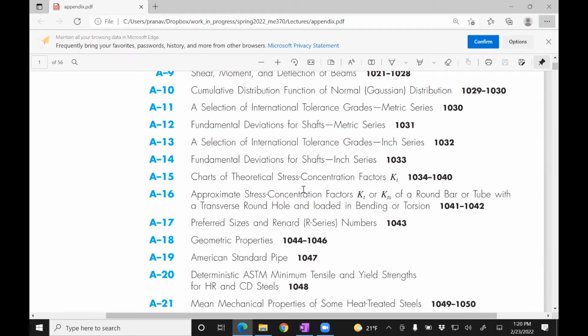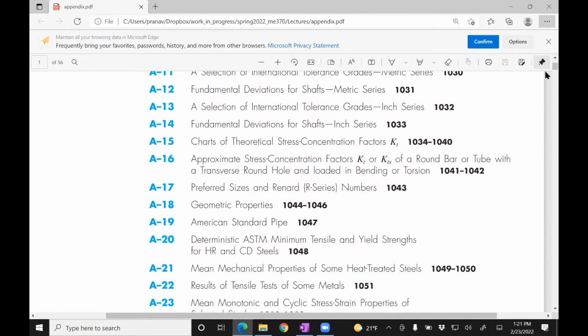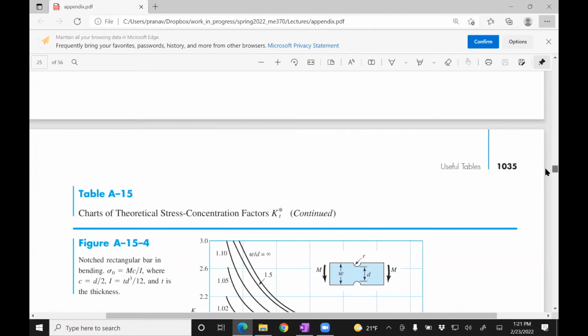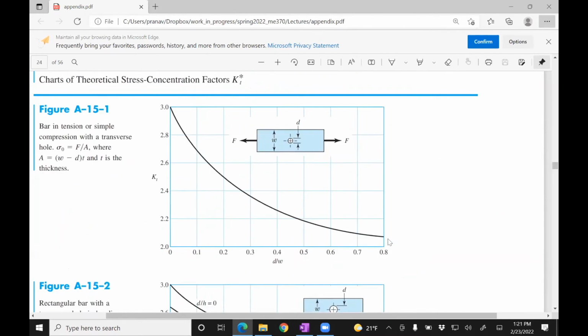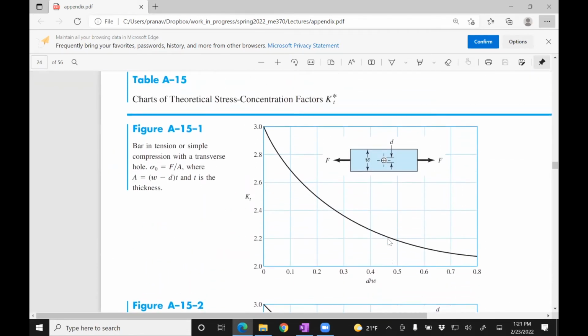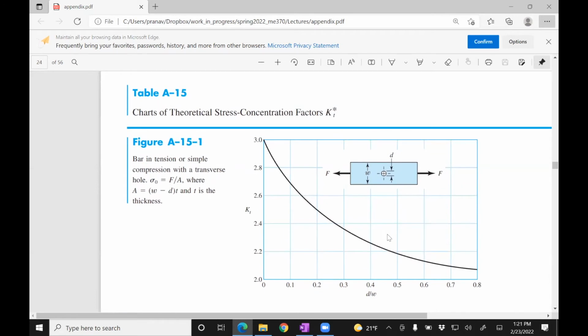Charts of theoretical stress concentration factors, KT, and then this one, A16, is a specific section. Let's just go to A15. I think it starts here. Okay, so here's an example.